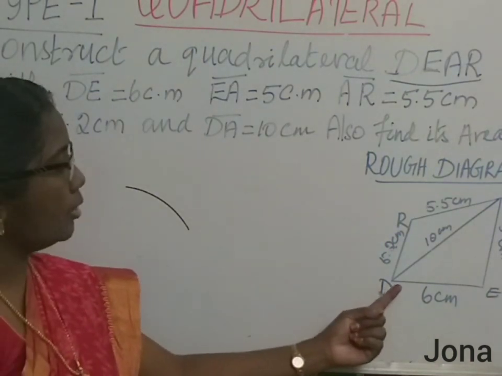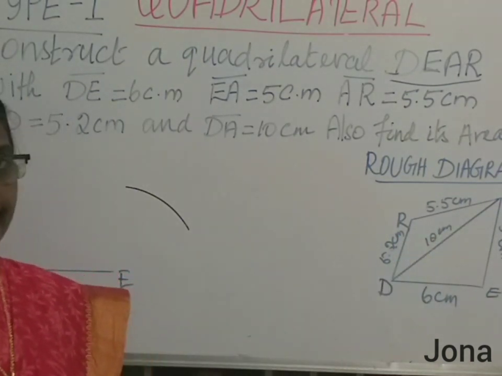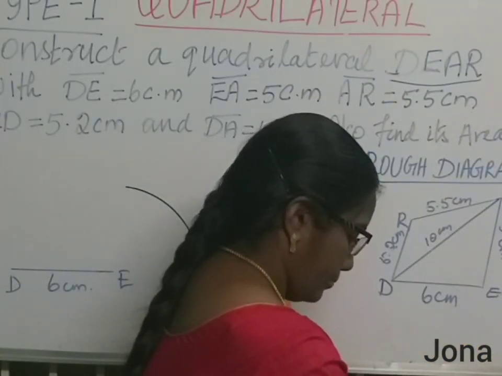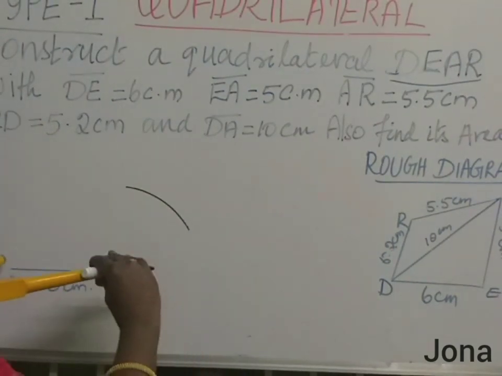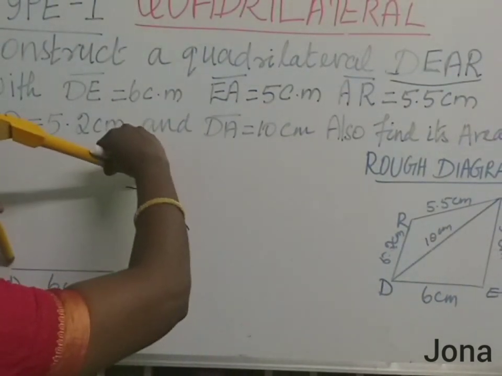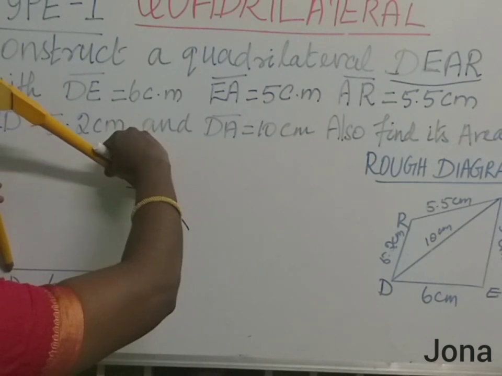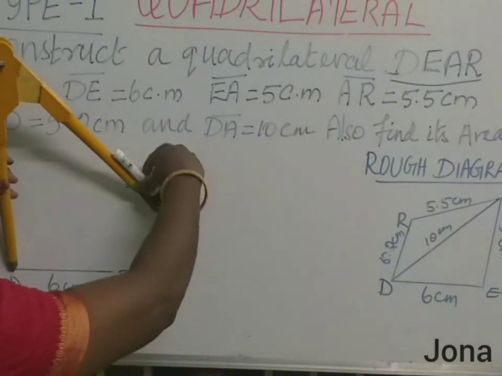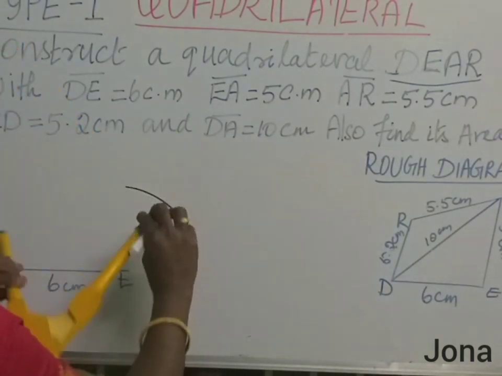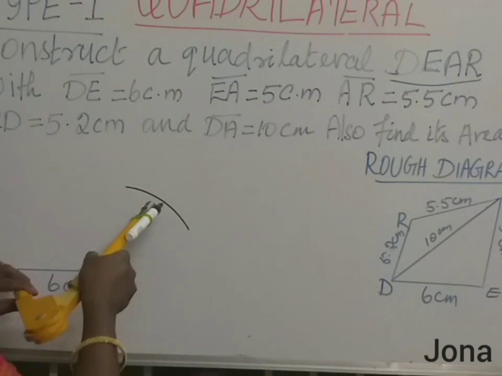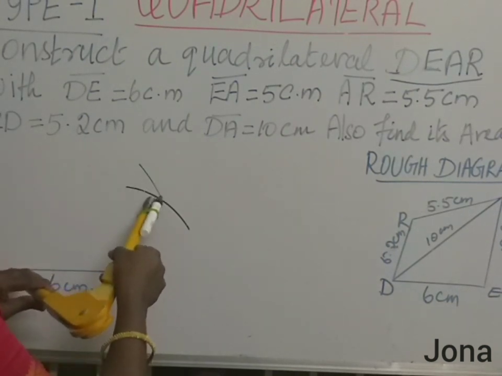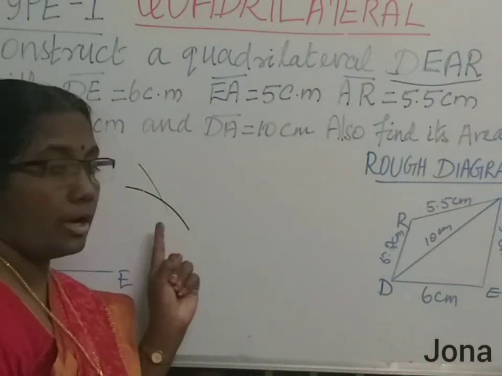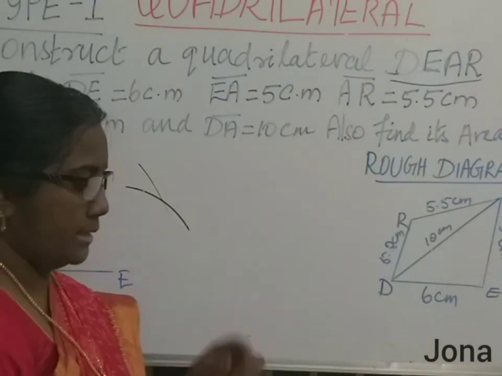And then again I want to take 10 cm for DA. So take 10 cm on the scale. I can draw 10 cm from here. From D to A, we can draw 10 cm. Like this I want to draw the next radius.